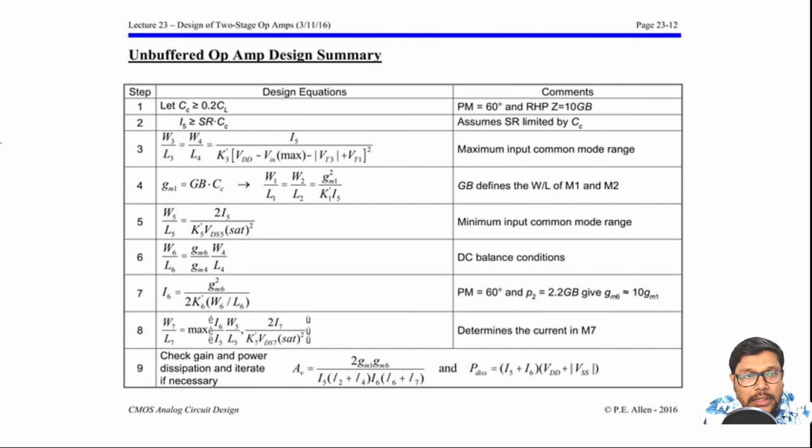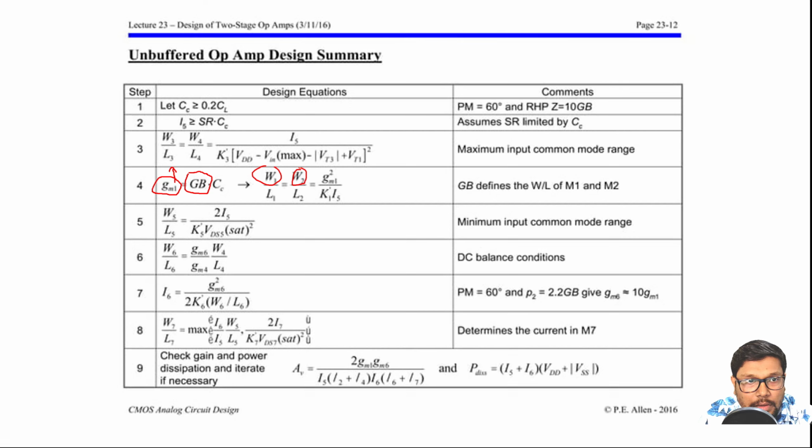So here are the points. Okay, so you have to find what your range of UGB is first, because of this you can find the GM1, what is the minimum GM1 you require. Okay, if GM1 increases, your UGB increases, and GM1 increases if W1 increases or W2 increases.